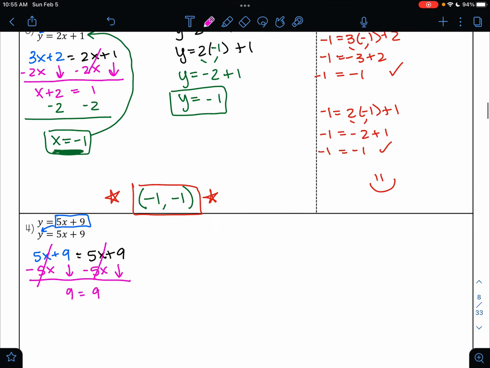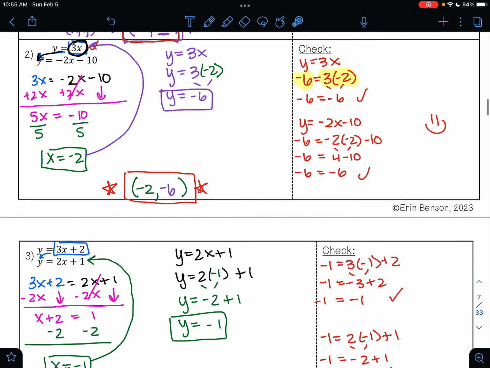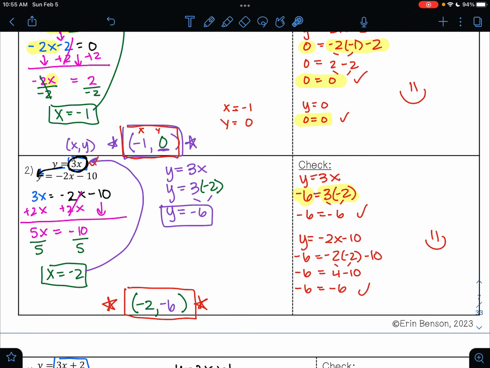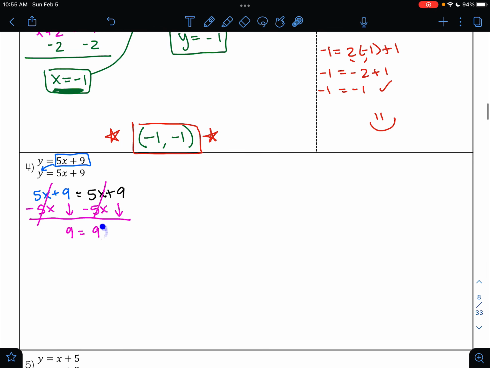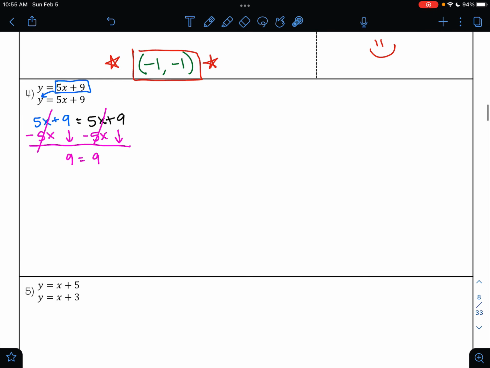Well, normally when we do this step, we still have an x remaining, right? On all the other examples, when we did this step, we still had a variable. When I look at example 4, my variable has gone away, and all I'm left with is 9 equals 9. It doesn't mean that you've done something wrong when this happens. What we need to do is figure out, is 9 equals 9 a true statement or a false statement?